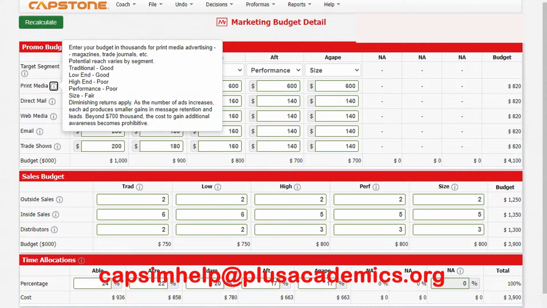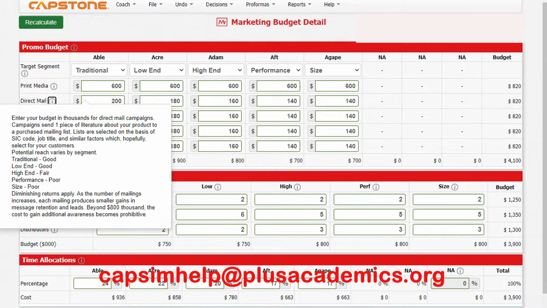As you can see, print media is good in traditional and low end, but poor in high end and performance, while fair in size. But we are spending the maximum regardless, because for now we are just starting out, and we don't know what will work best for us. So make sure you spend at least some money, or a maximum amount of money, in all these categories, because it will really help you maximize the awareness that you'll be getting.